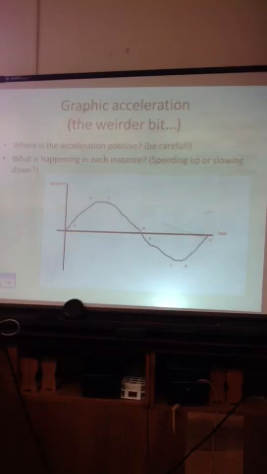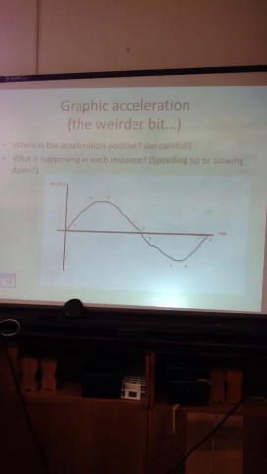From A to B, is that object speeding up or slowing down? Speeding up. The velocity is moving away from zero. The magnitude of the velocity is increasing. From G to H, is that vehicle slowing down or speeding up? It's slowing down. How do you know that, Caleb?